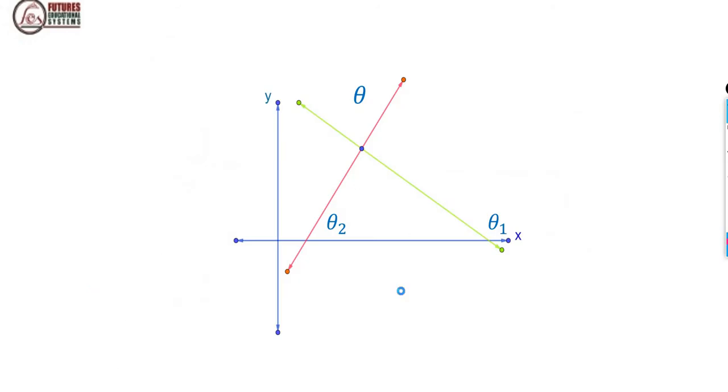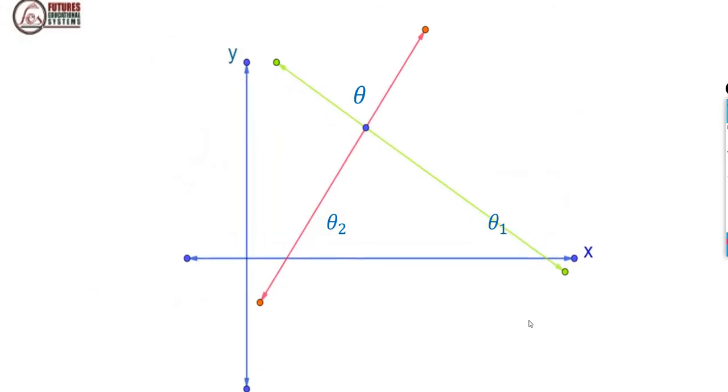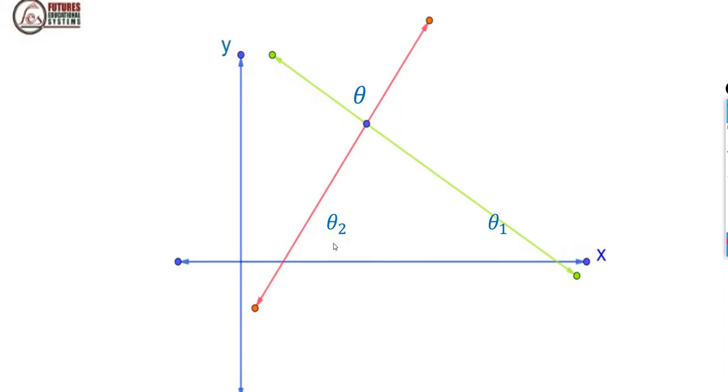If we have any two straight lines, L1 and L2, we know this angle equals this angle, because vertically opposite angles are equal in measure.